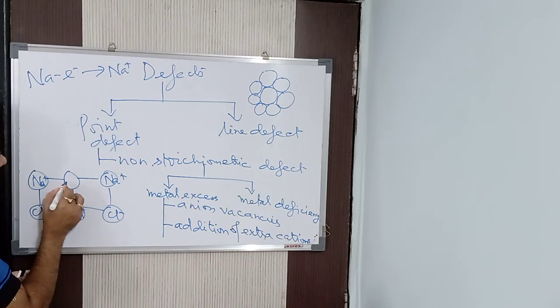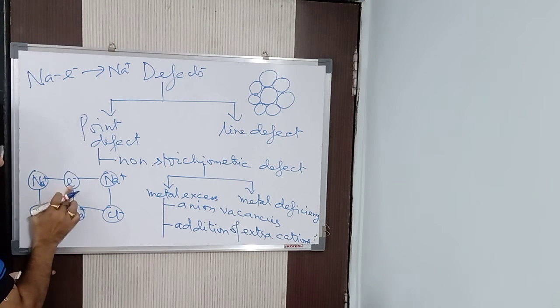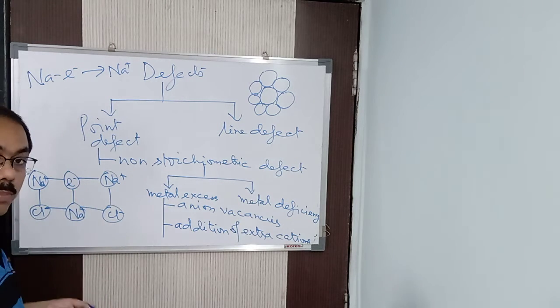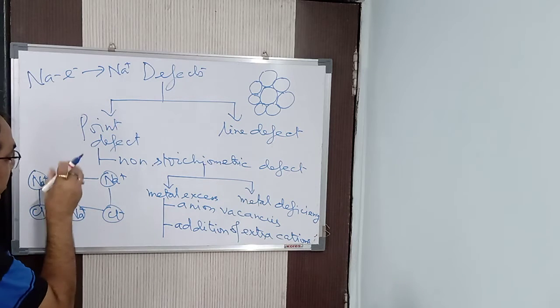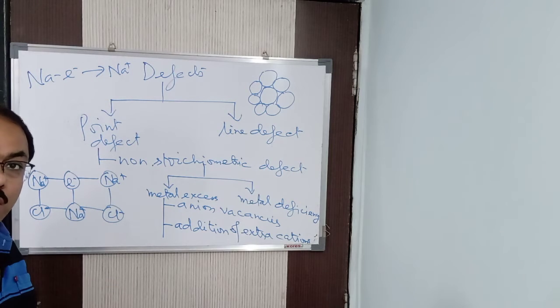In that vacancy, an electron comes and takes its place. The sodium loses that electron, and it goes and takes the place of the anion. Because anions are negative, and electrons are also negative, no problem. So the electron takes the place of the anion vacancy. Got it? By this, the electrical neutrality of the solid is maintained.